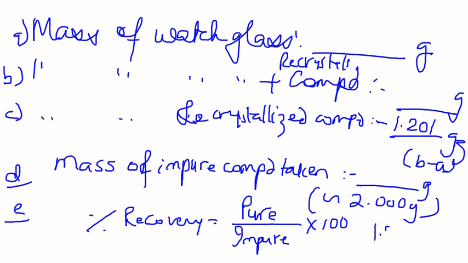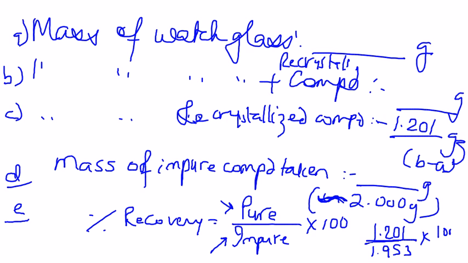You would say 1.201 divided by 2.000 times 100. Or let's make this number actually a different one, so you don't think that it is going to be 2, but what you got, 1.953. Maybe that was the number that you had. So you would just get the pure number divided by the impure number times 100, and that will give you your percentage recovery.